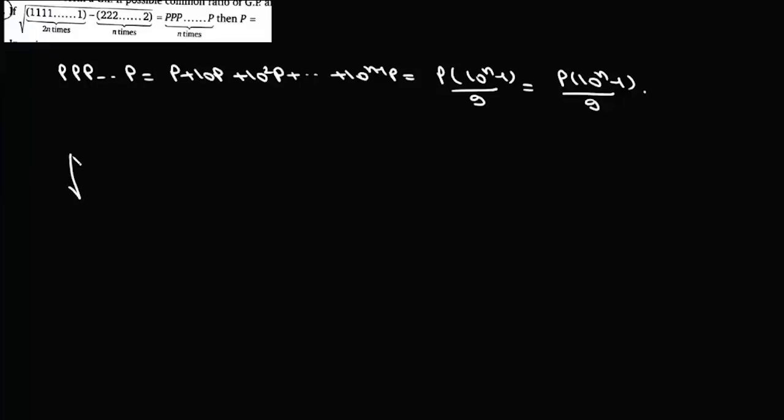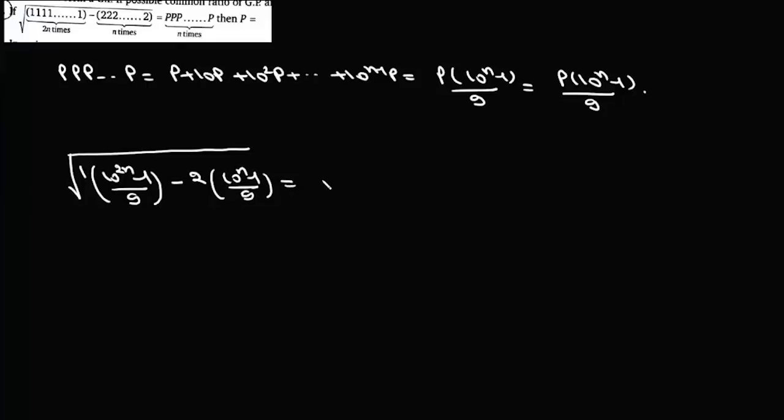So we can write the square root of 10 to the power 2n minus 1 upon 9, minus, and here p is 2 and n is n, so there will be 10 to the power n minus 1 upon 9, and it is equal to p into 10 to the power n minus 1 upon 9.